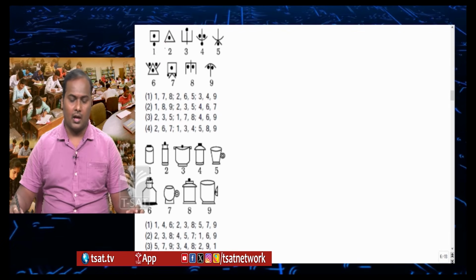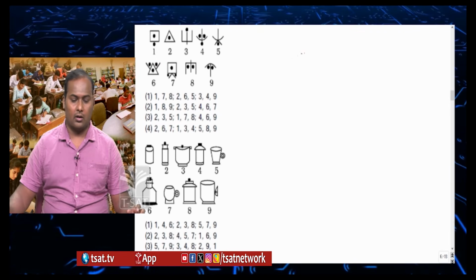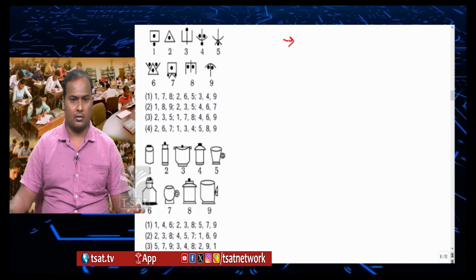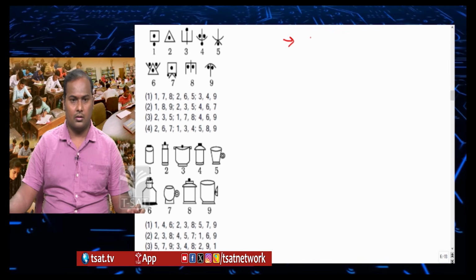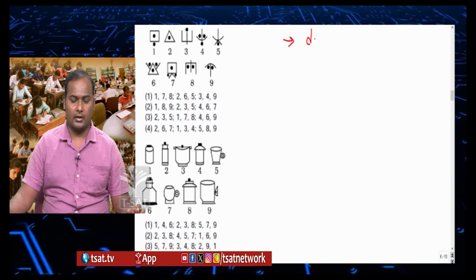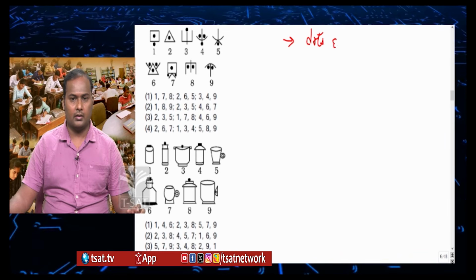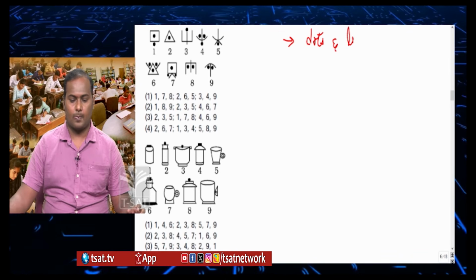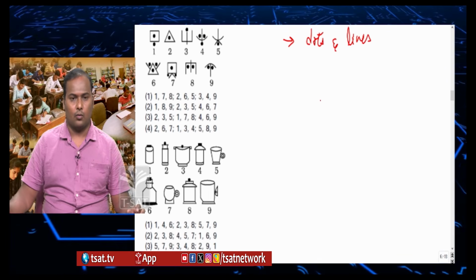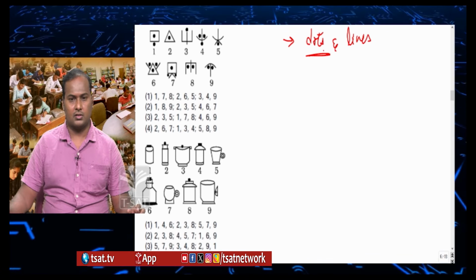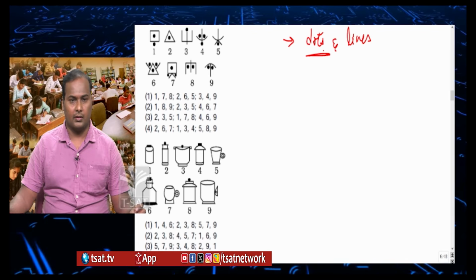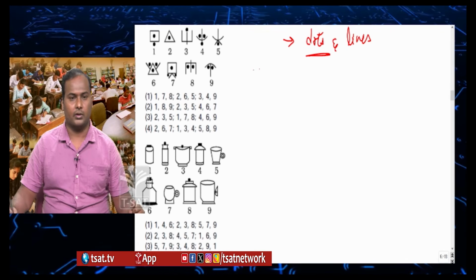So I can classify this particular question based on circles, or dots, and lines. But what I feel is, by seeing only dots you will get the answer in this particular case. So let's try to check with it.